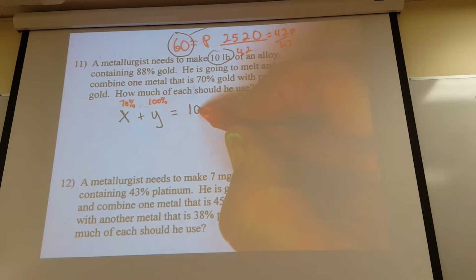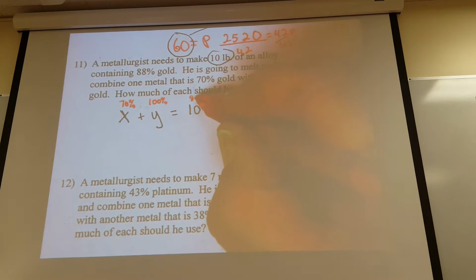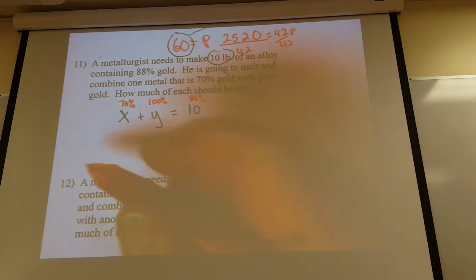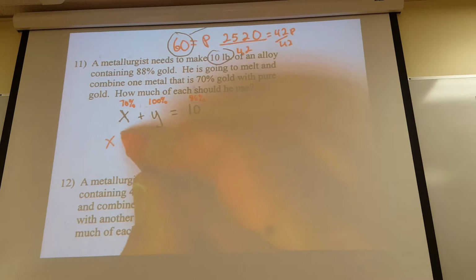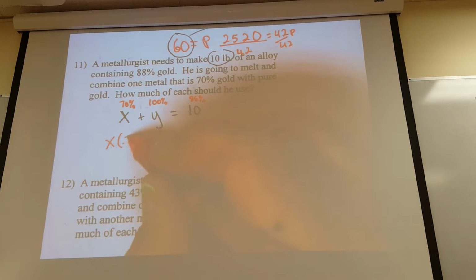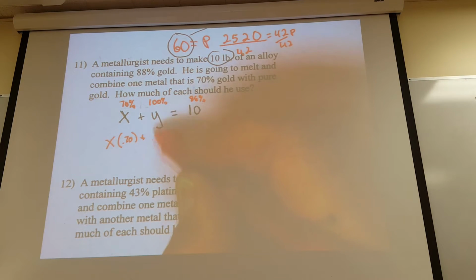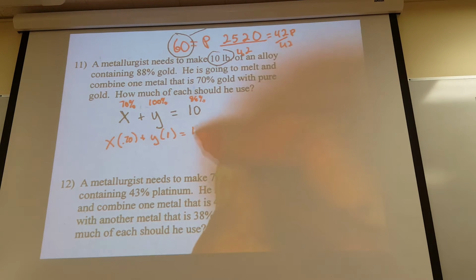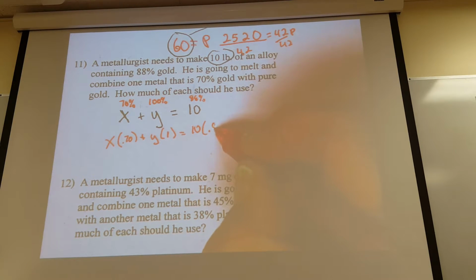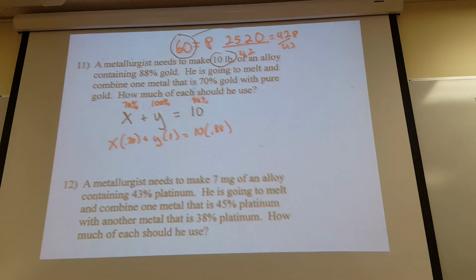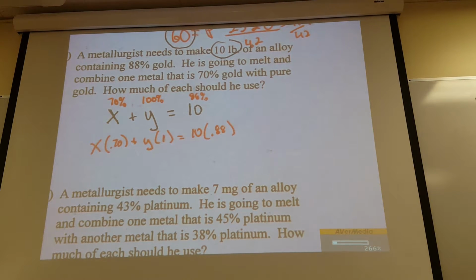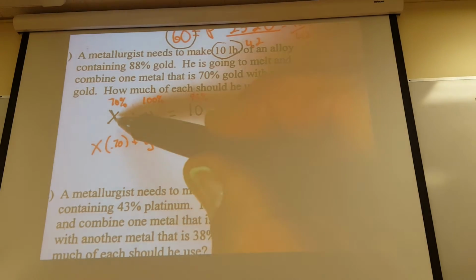And then the solution is the 88%. So now, your next equation would be x times 70% as a decimal, plus y times 1, would equal 10 times 0.88. So we have our top one.